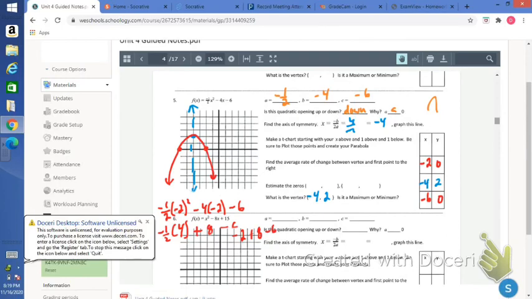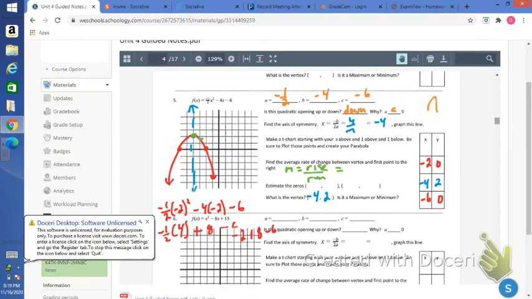Alright, find the average rate of change between the vertex and the first point to the right. So rate of change is slope. So from here to the first point to the right, so right there.